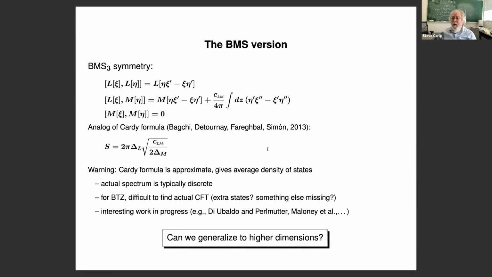That might be important for understanding the complete microscopic details of black hole entropy, including in the three-dimensional BTZ case.